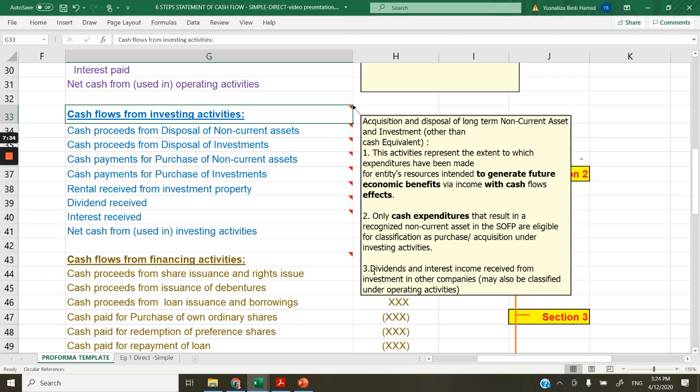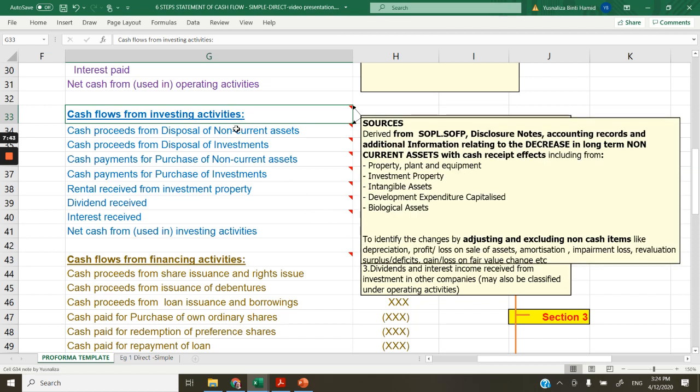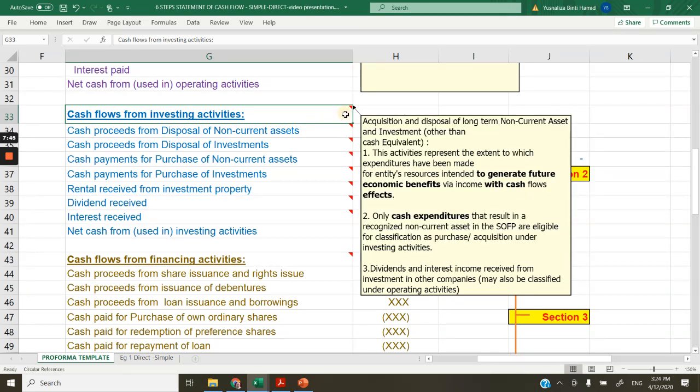And it will also include the dividends and interest income received from investment in other companies. Those are under investing activities. Let's go to the detail now.